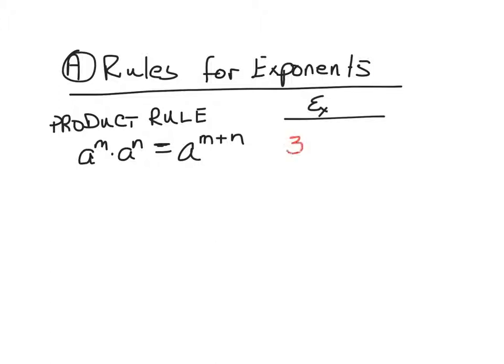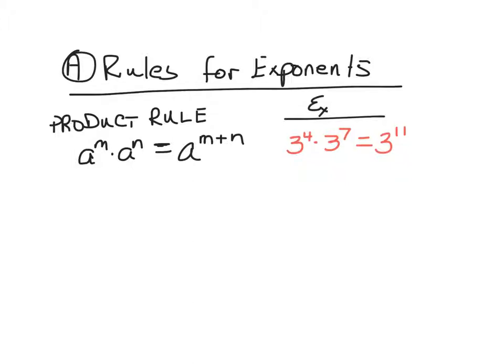So if I had 3 to the 4th times 3 to the 7th, the base stays the same, but we add the exponents. So that would be 3 to the 11th. Now in my 041 classes, I live with my students leaving answers like 3 to the 11th.